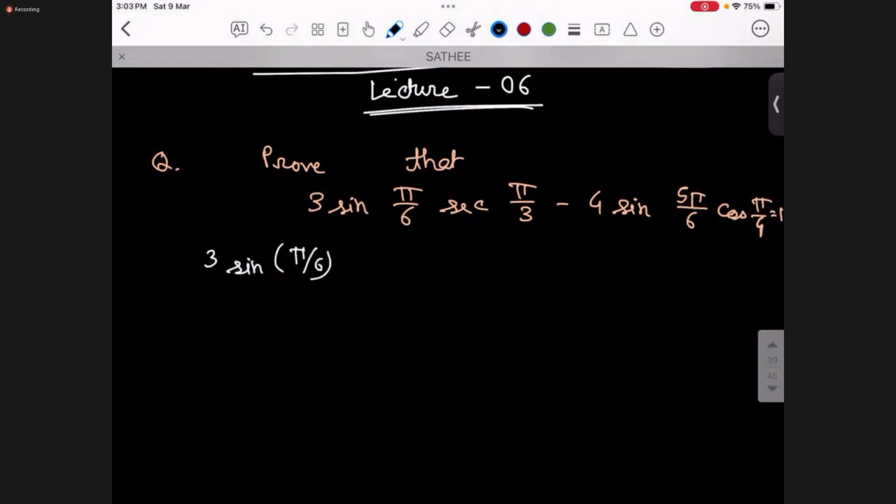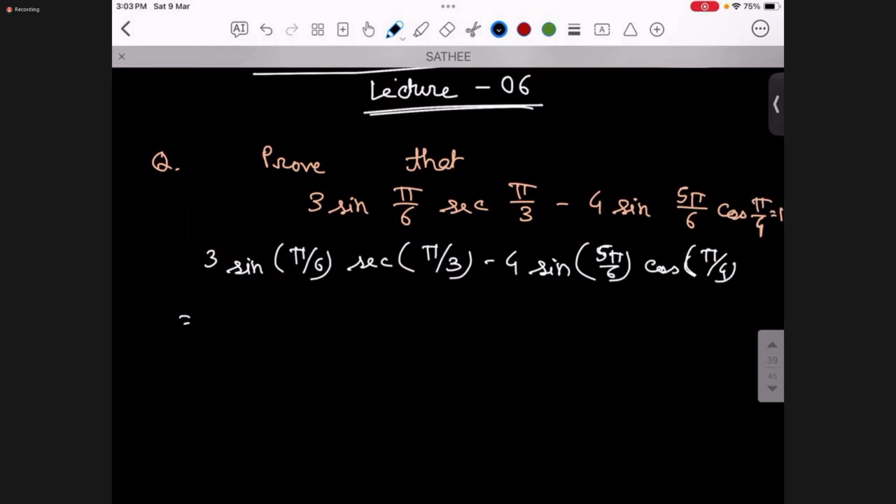3 sin(π/6) / cos(π/3) − 4 sin(5π/6) cot(π/4). Now 3 will remain here. What about sin(π/6)? Sin(π/6) is 1/2.